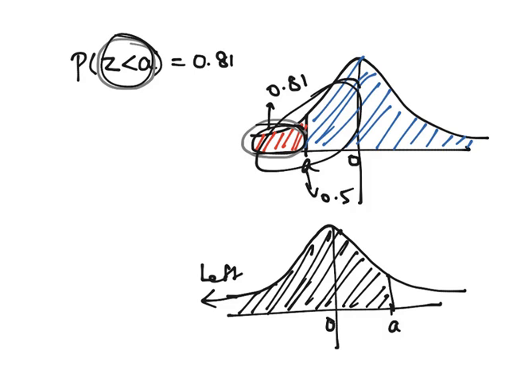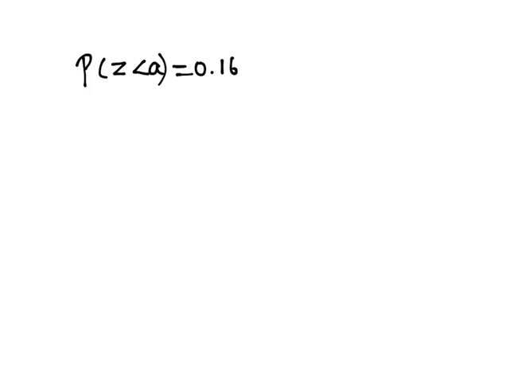The tail is left. The area is 0.81, sigma is 1 and mu is 0. So when you enter, you get A as 0.8778. So A is 0.878. Okay, one more probability.